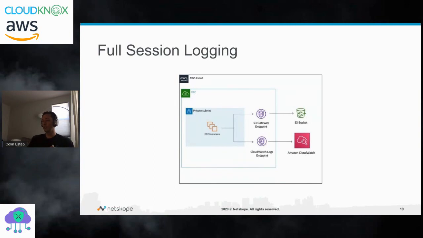One thing I do want to point out is that Session Manager provides the ability to tunnel SSH over those HTTPS connections. If you elect to do that, the only shortfall is you won't have these full session logs, because it's encrypted traffic with SSH.